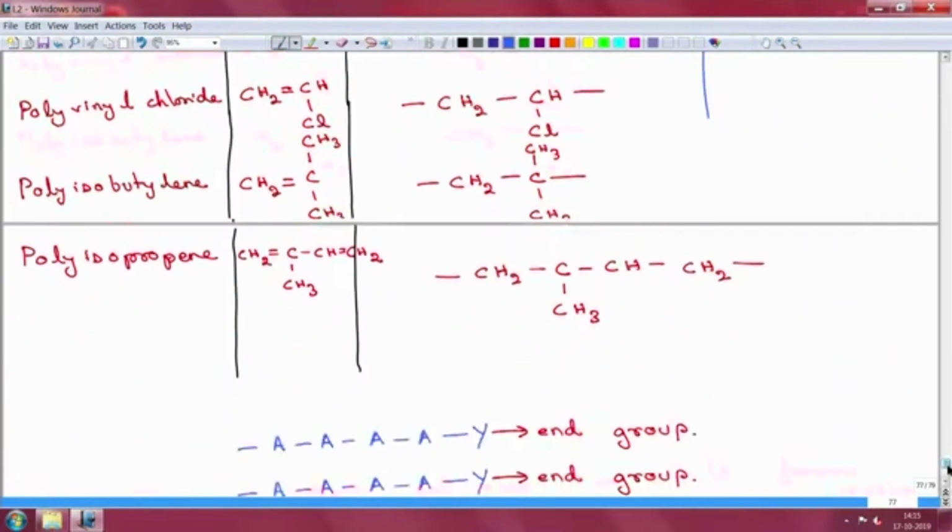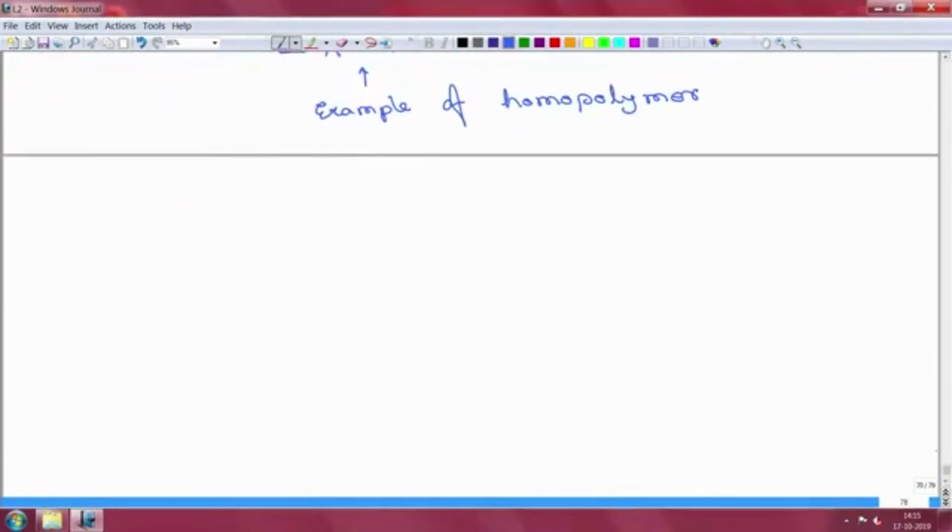In a copolymer, you can have a situation where you have, for example, two structural units, let us just call them A and B. So, you can have A repeating, and then you have another, and then after some time again.